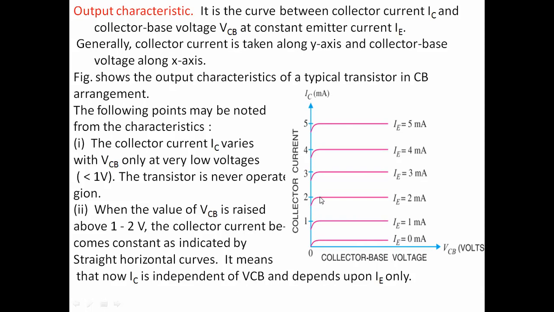If we increase VCB, the current does not change. So IC is independent of VCB, that is the collector base voltage, and it depends upon IE only.